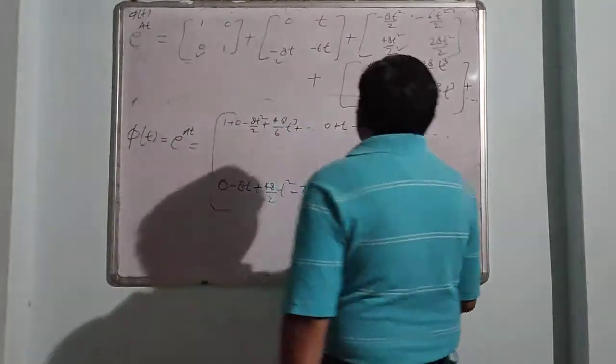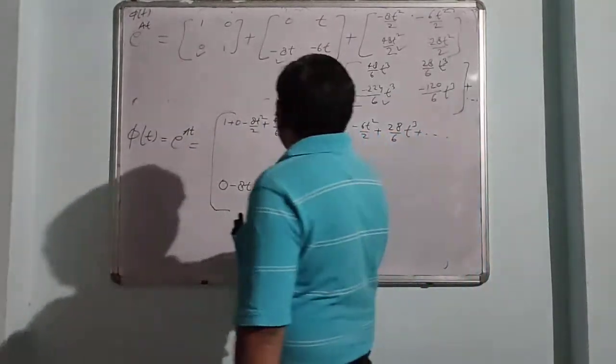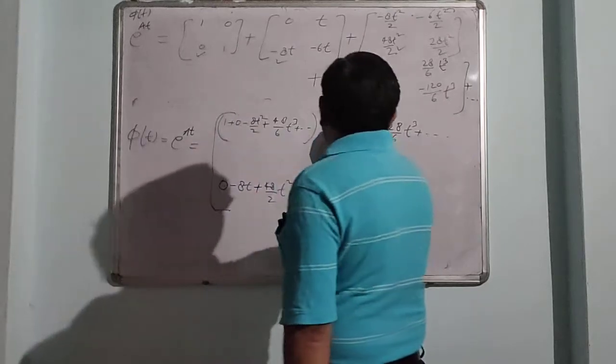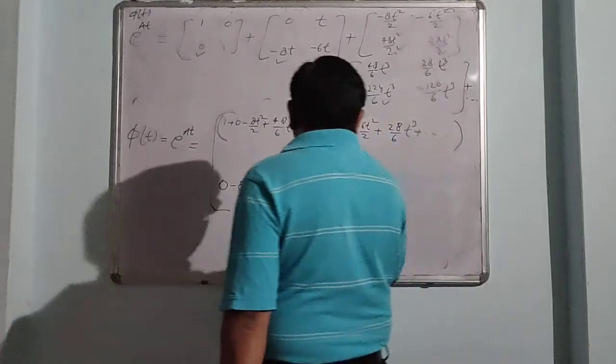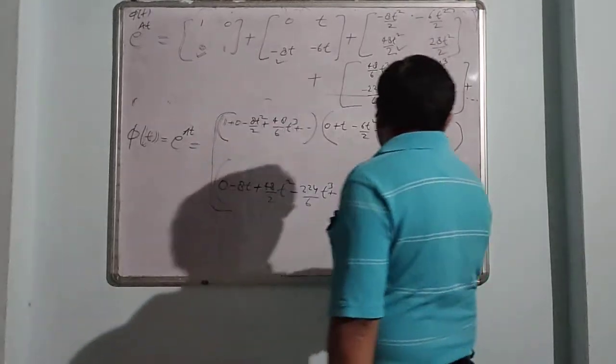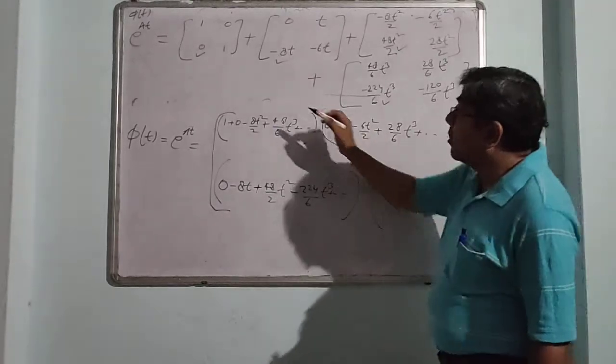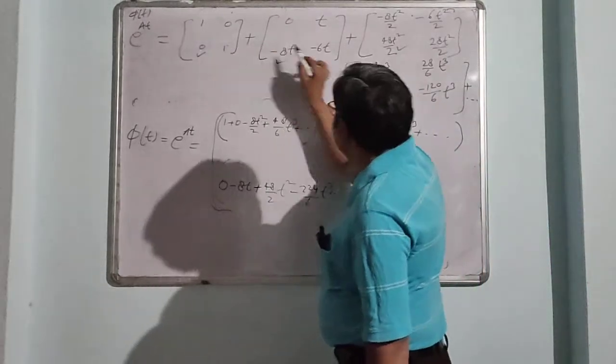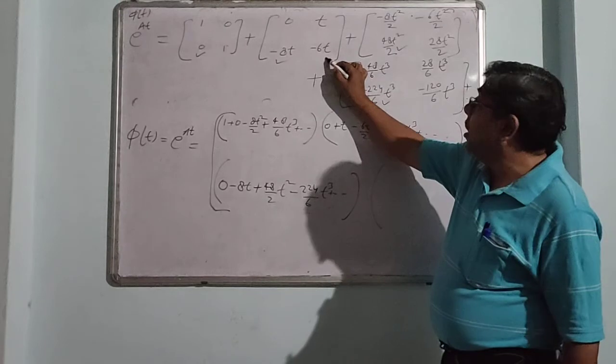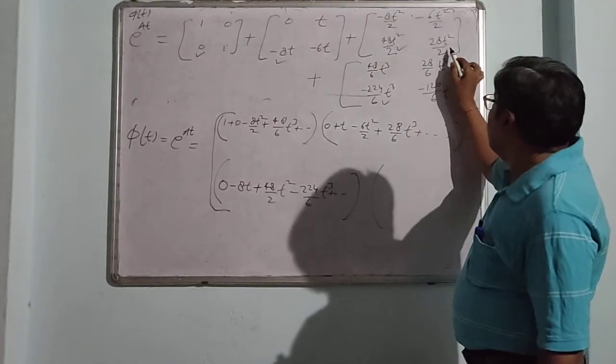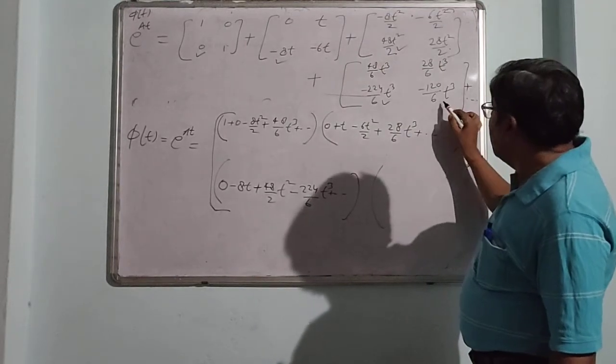So this is the first term, this is the second term, this is the third term, and here for last fourth term 1 minus 6t, then plus this term plus this term.